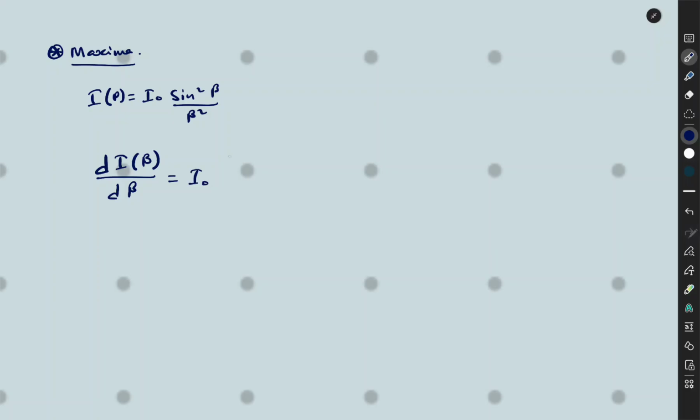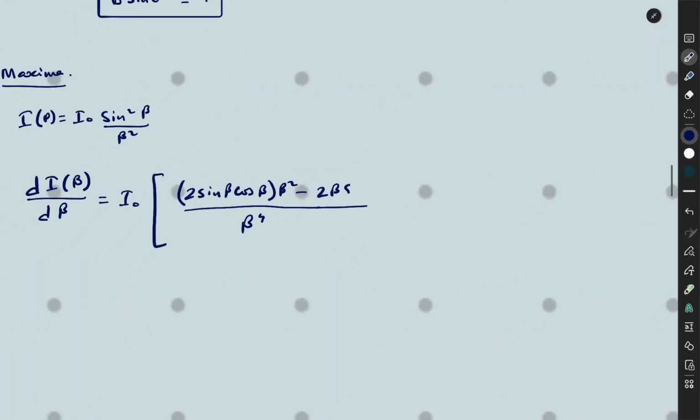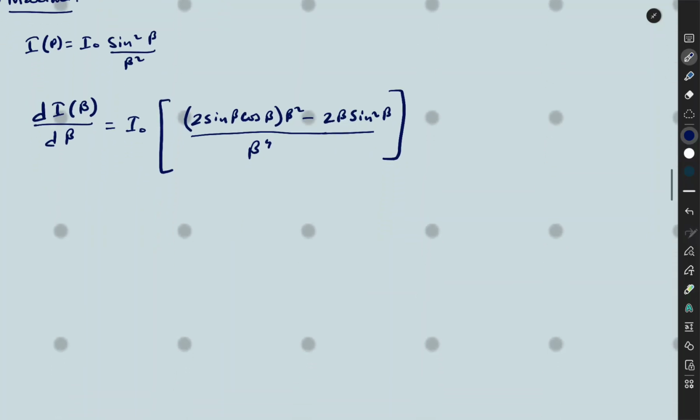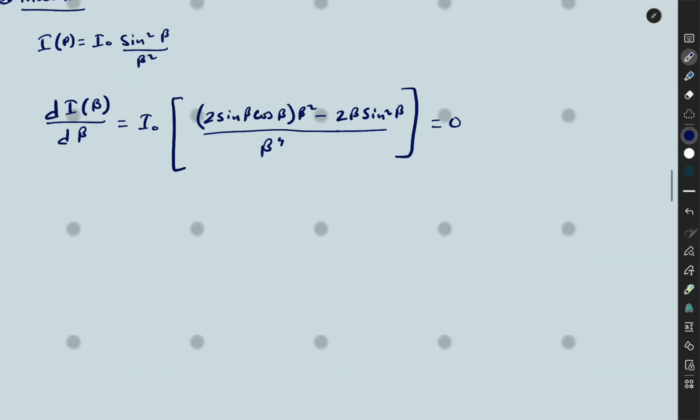So it is I naught into, here it becomes beta to the power 4, into 2 sine beta cos beta into beta square minus 2 beta sine square beta. To maximize this one, this should be equal to 0.